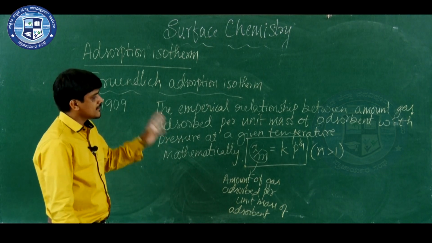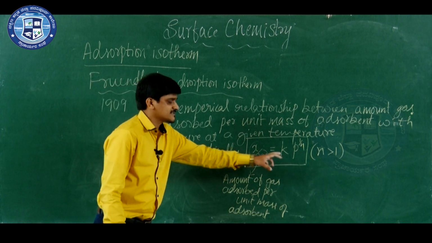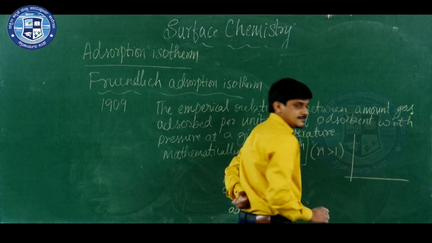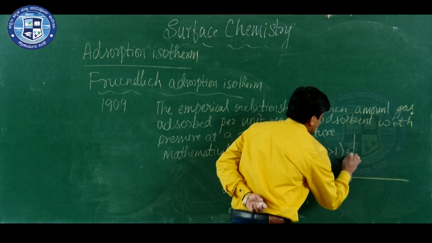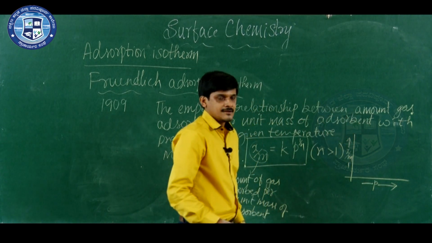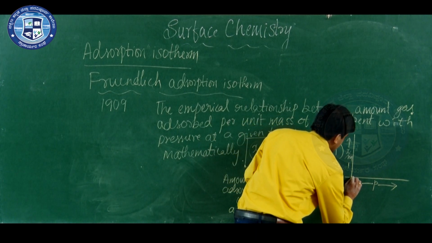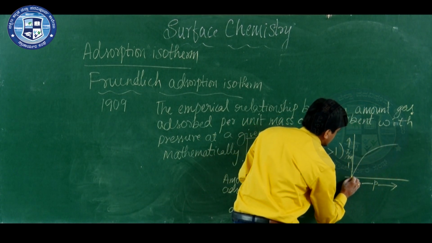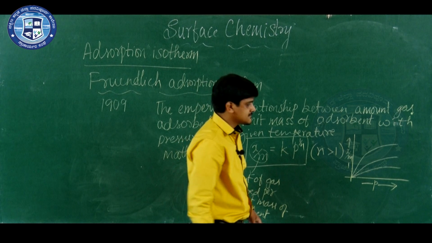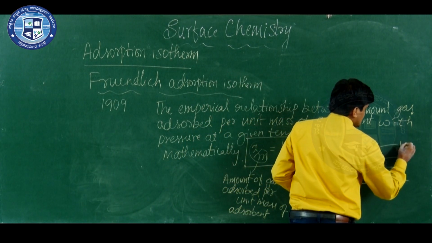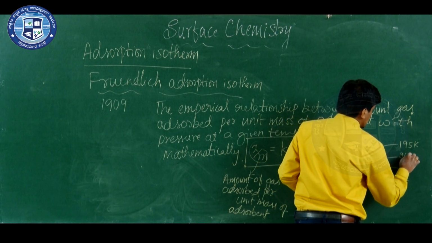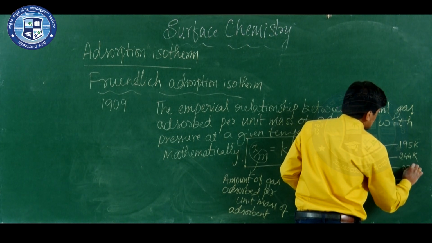Now, if we plot x by m versus pressure, how will the graph look? I will take x by m here and pressure here. When plotted, the graph will look like this. I have drawn 3 graphs at various temperatures: this graph is at 195 Kelvin, this at 244 Kelvin and this at 273 Kelvin.